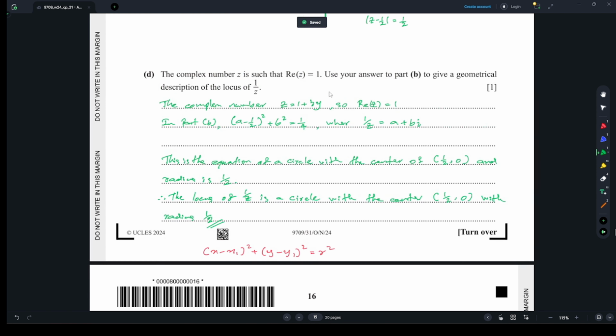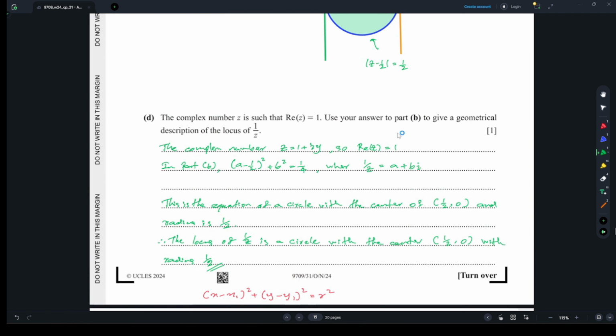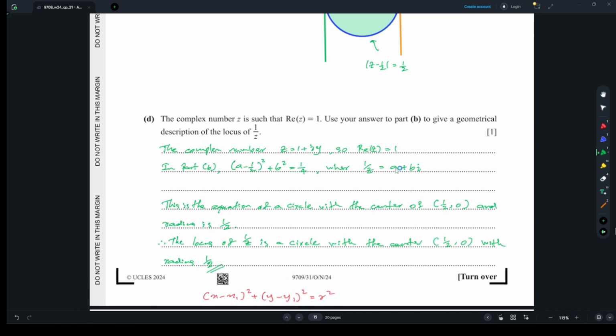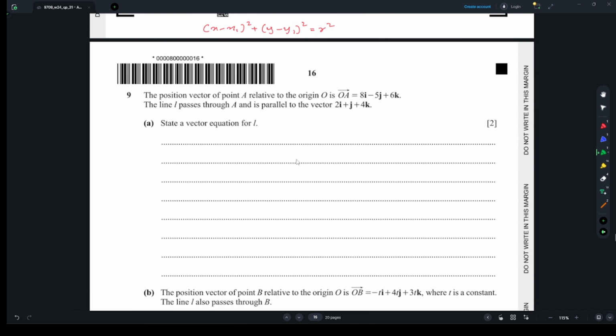Why did I say it like that? Because here a plus bi. So a is the real part, so like in the x-axis, and b is the imaginary part. So it's kind of a y value, right? So then the relationship between a and b or x and y is given by this. So it's a circle. Okay. Done.